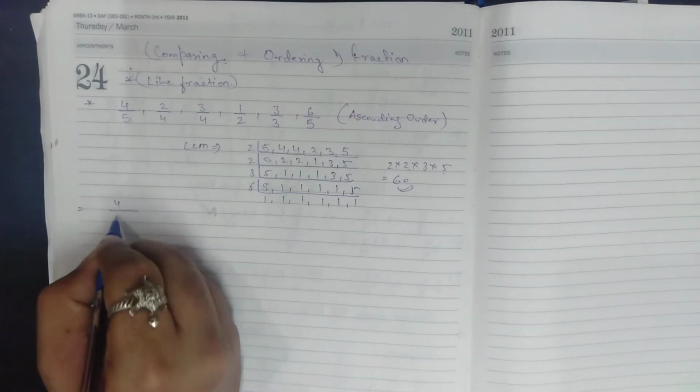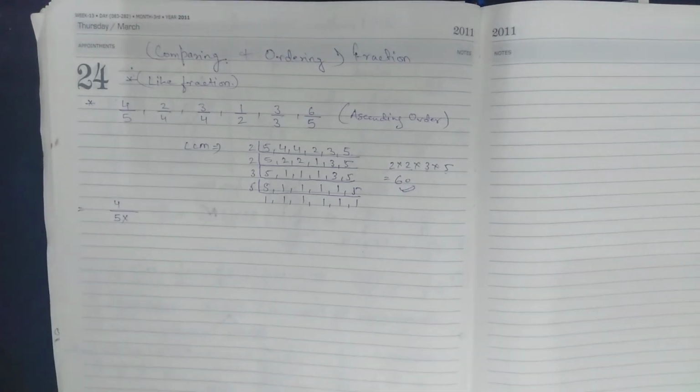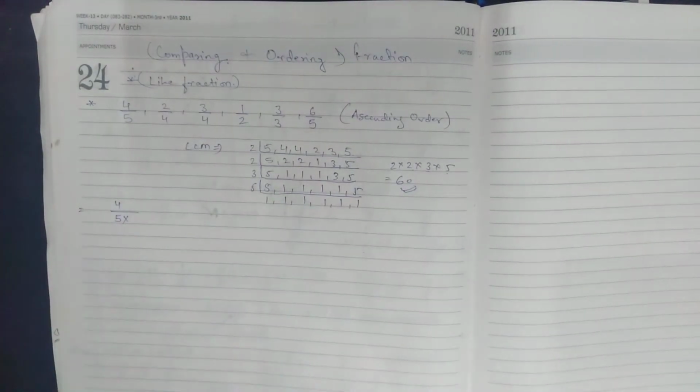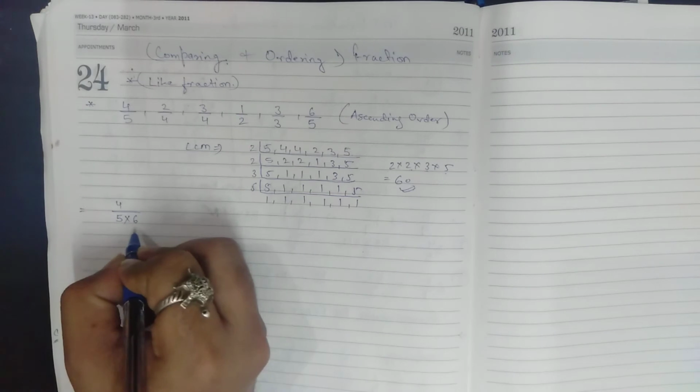By multiplying. What number should be multiplied with 5 to make it 60? 12.